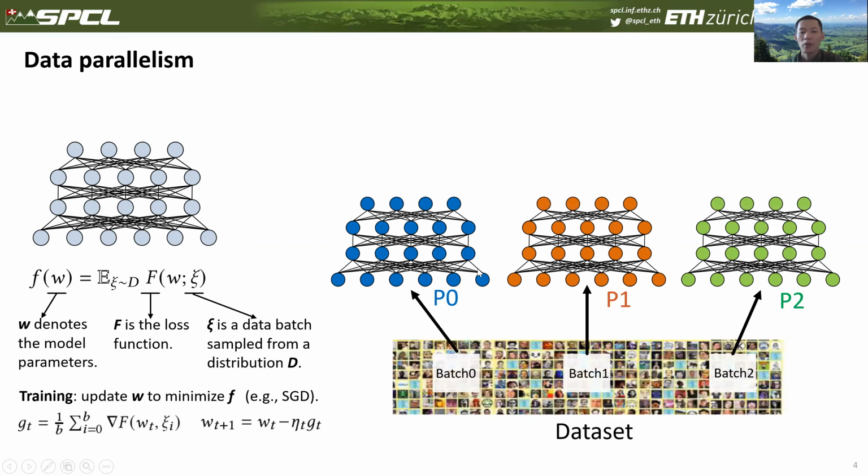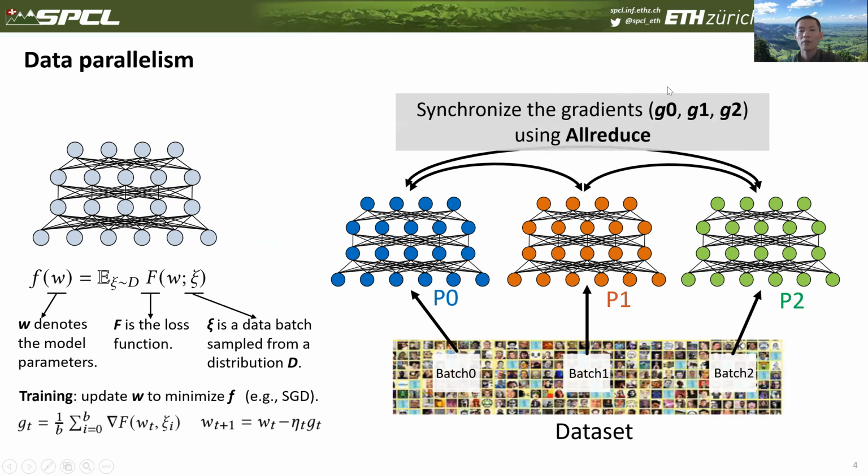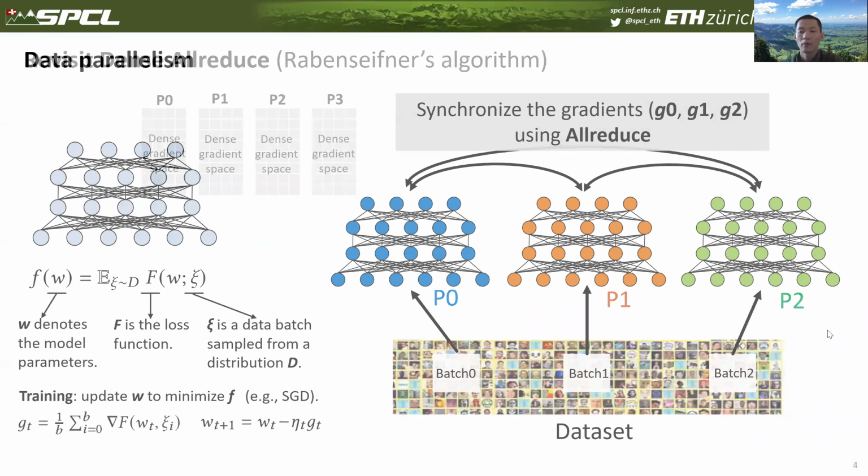In data parallelism, each worker maintains a copy of the model, and each worker samples a different data batch from the training data set. After the computation of the local gradient is finished, it will conduct an Allreduce operation to globally synchronize the gradients among the workers.